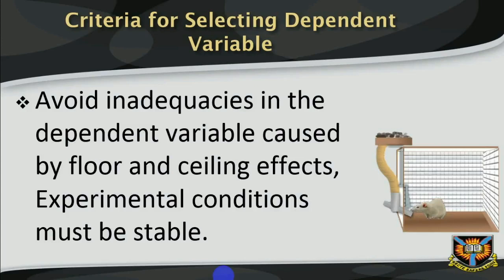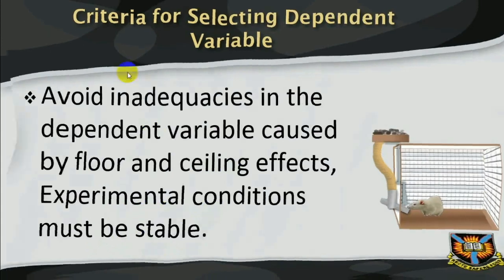Your friend is already at the bottom of the scale. This is called a floor effect. The opposite problem, getting 100% correct, is called a ceiling effect. Ceiling and floor effects prevent the influence of an independent variable from being accurately reflected in a dependent variable.